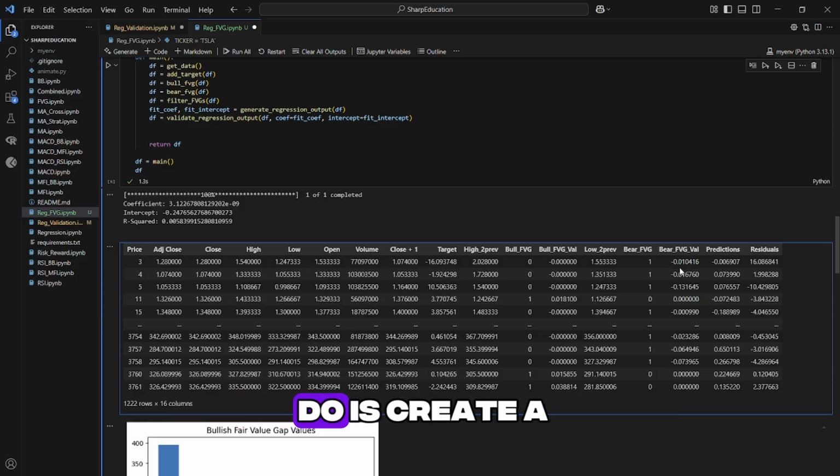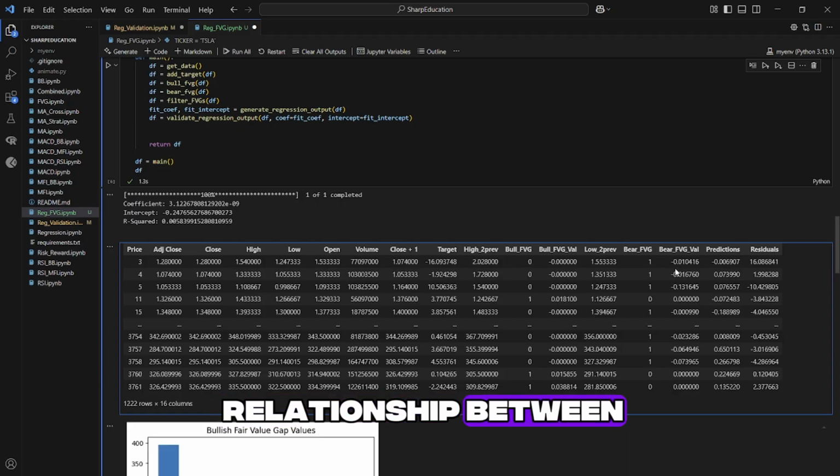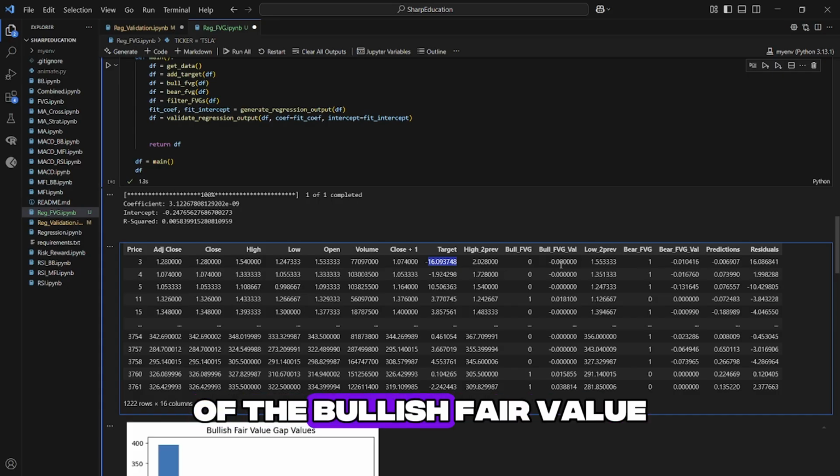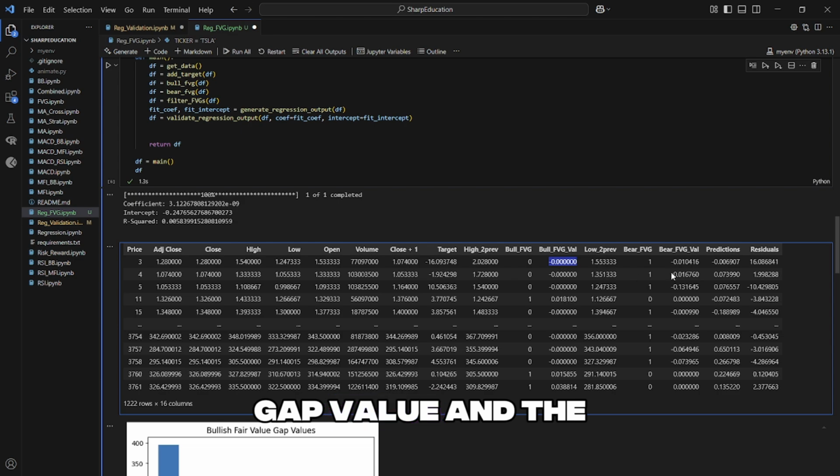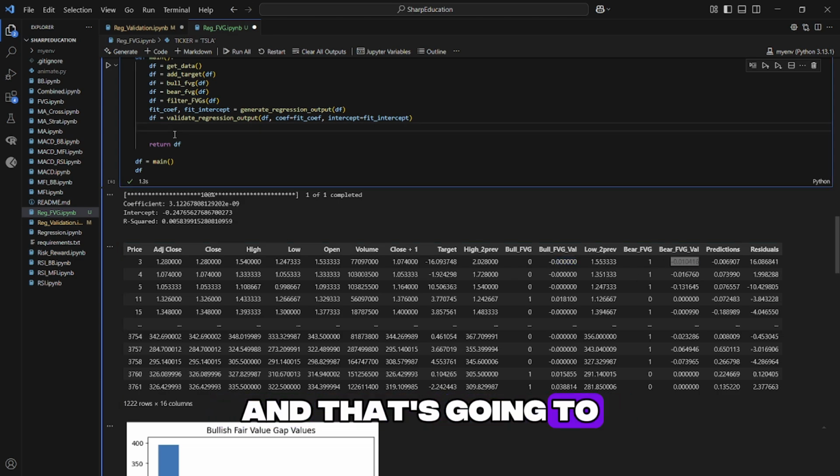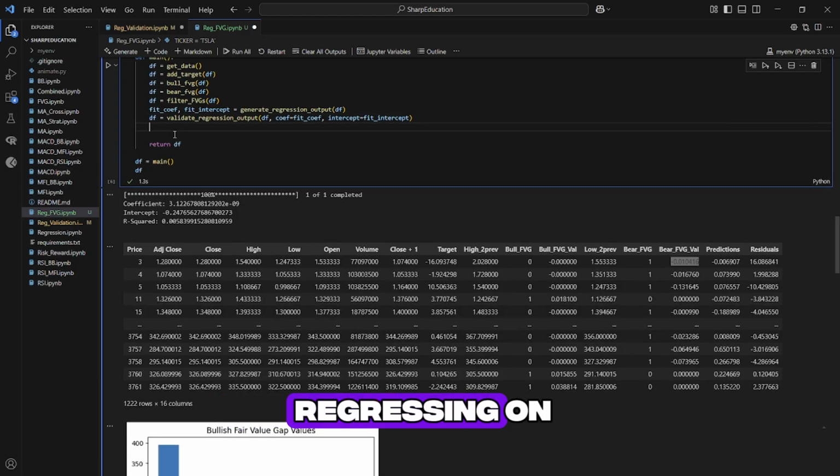So what we want to do is create a relationship between these two values and the target, which we've defined here. So what we want to do is make a column that takes the sum of the bullish fair value gap value and the bearish fair value gap value as well. And that's going to be our feature variable that we are regressing on.